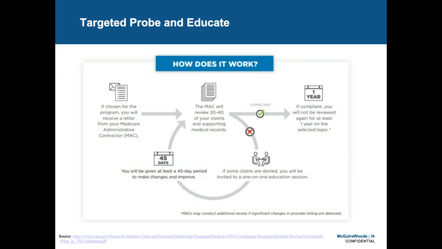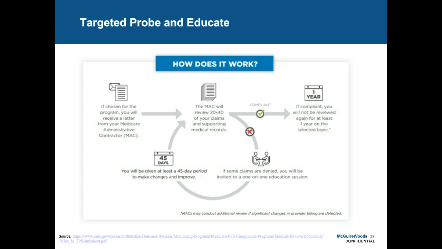This slide outlines the targeted probe and educate process, which is the most recent iteration of the Medicare claims audit program. In targeted probe and educate, MACs are targeting providers who have high claim error rates or unusual billing practices, and they're targeting items and services that have high national error rates that are deemed to be a financial risk to Medicare.